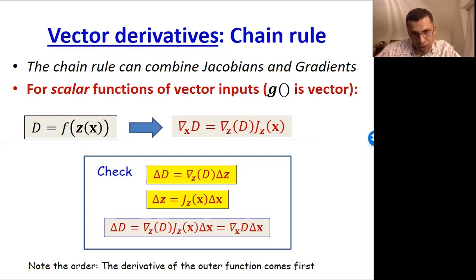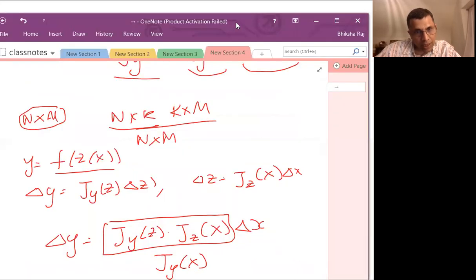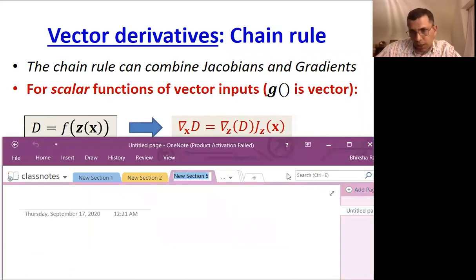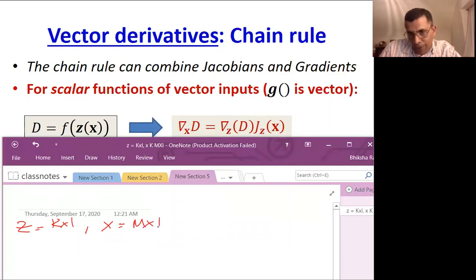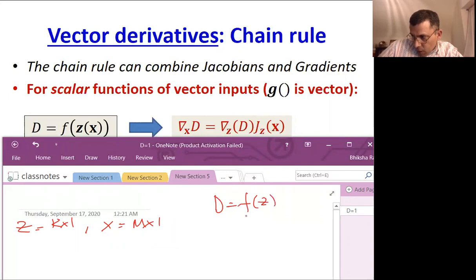And again, as before, say z belongs to k cross 1, and x is m cross 1, d of course is a scalar, then d equals f of z, so the derivative of d with respect to z, d being a scalar, is going to be 1 cross k.